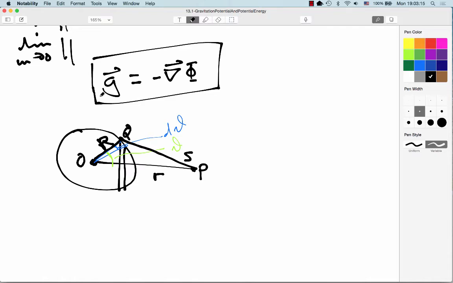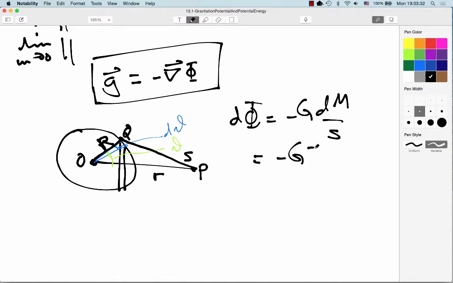Okay, so with all of that we've developed here, we can say d phi is equal to minus G dm over s. And we already worked out what our differential mass was, so I'm just going to put that in. So it's minus G times 2 pi sigma R squared sine theta d theta over s.